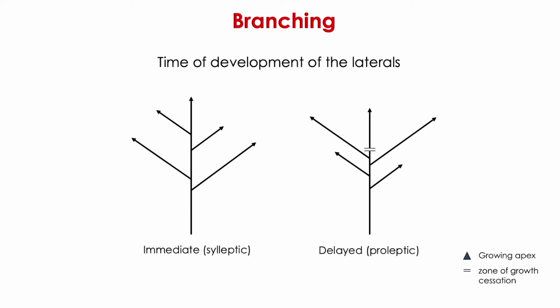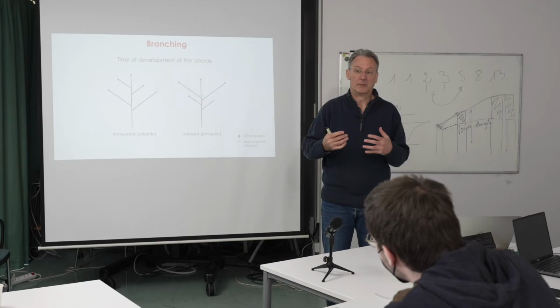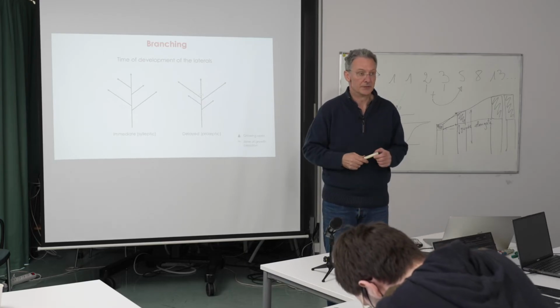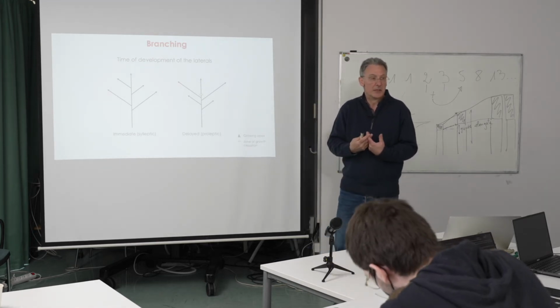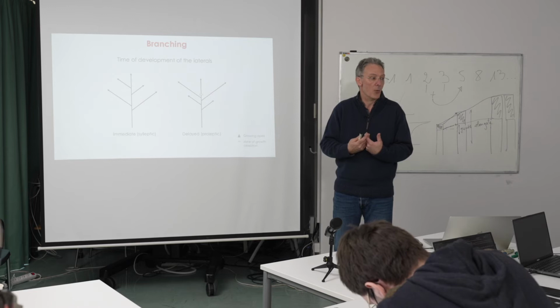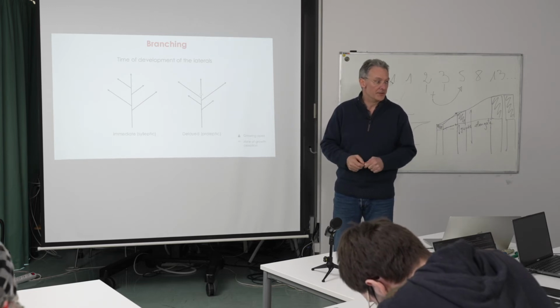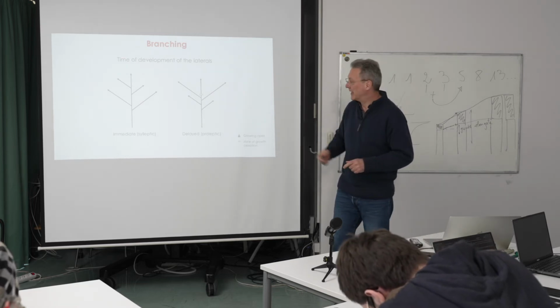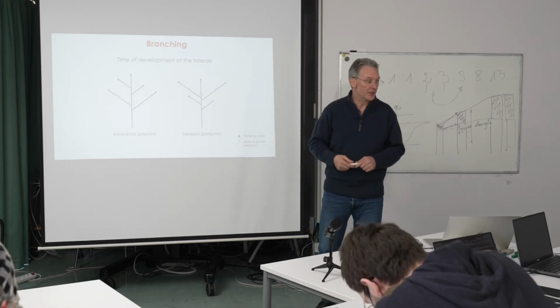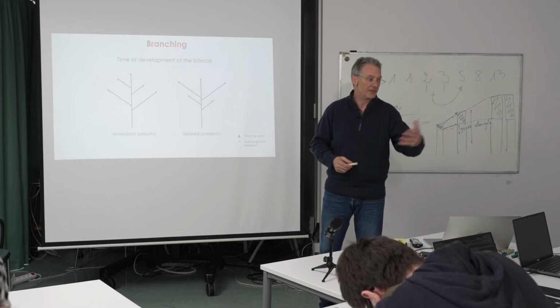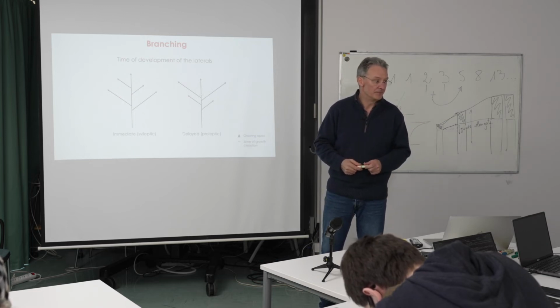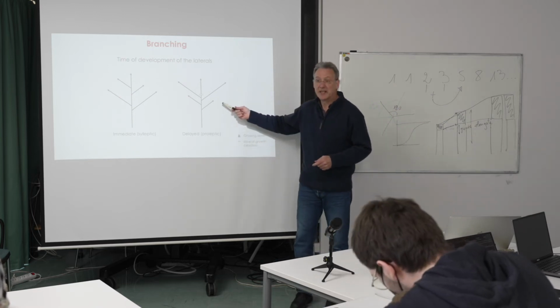In temperate regions, this is very frequent because you need to wait for the winter to pass before you start growing out. So the plants have learned the ability of keeping their buds quiet while the season is not adequate. And then they will resume the growth of these buds, maybe not all the buds, but at least some of them, during the vegetative period in the spring or in the summer. And this is called delayed branching.